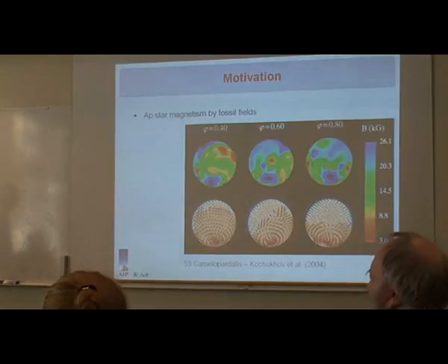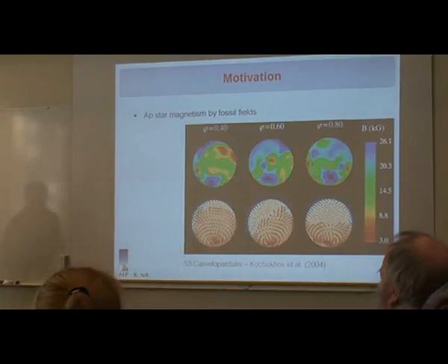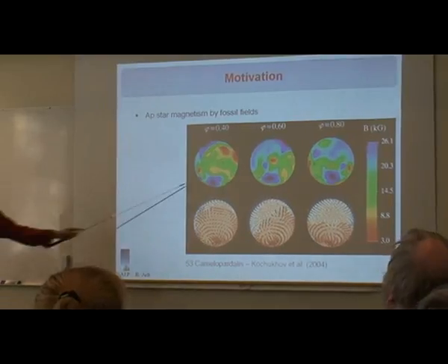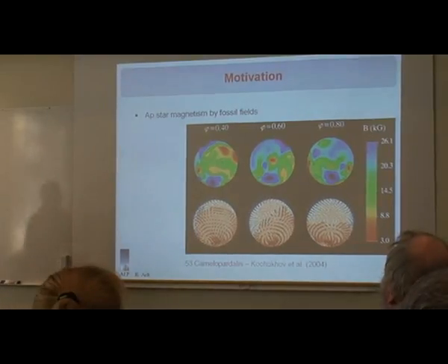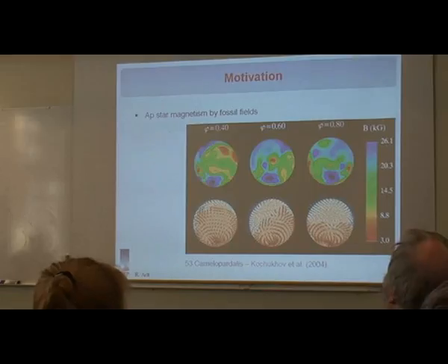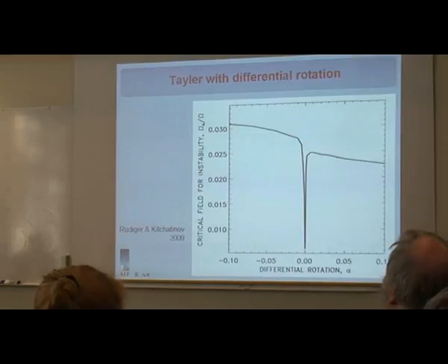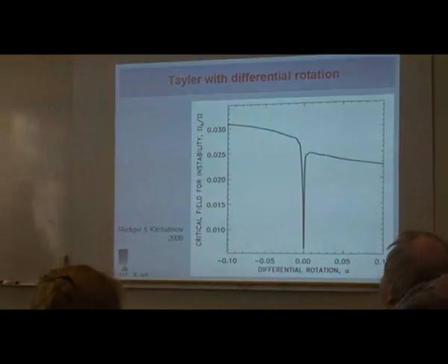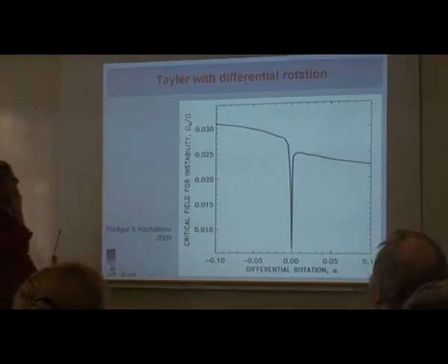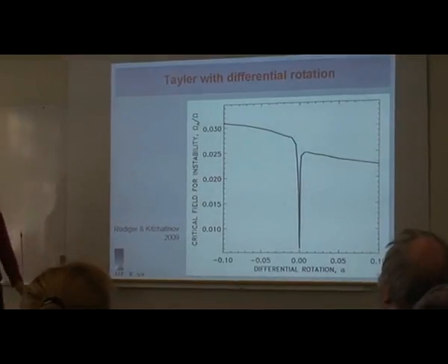Exactly. But still you have to think about a lot of things if you want to create such a field from a primordial field, which will be a fairly homogeneous thing. I will come to that in a later slide, just to tell you something about the characteristics of the Taylor instability.